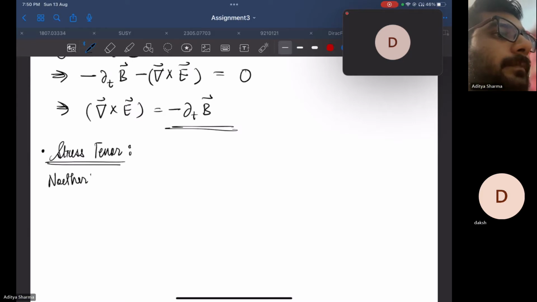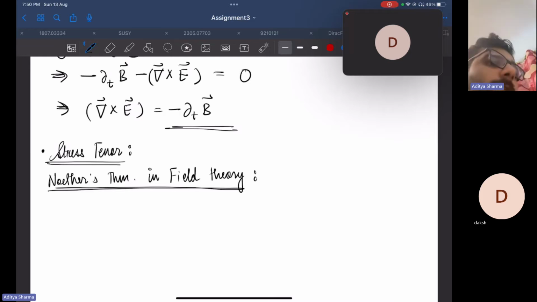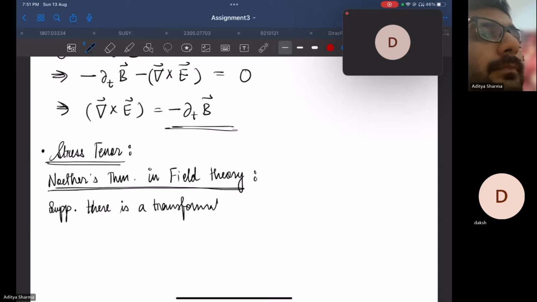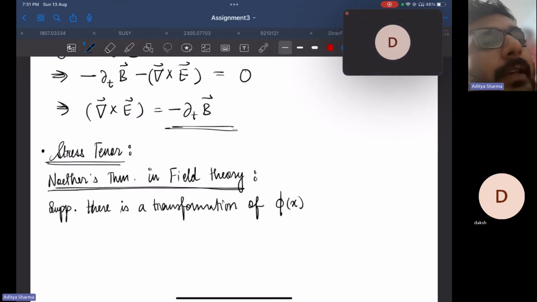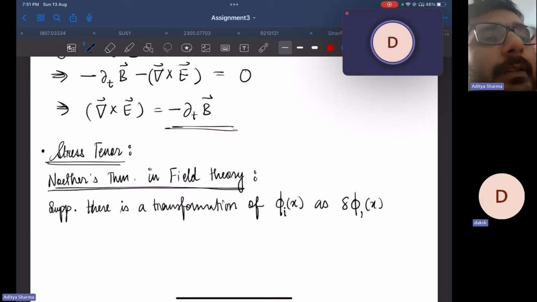Noether's theorem in field theory. Suppose there exists a transformation of the field, which I am referring to as phi, phi(x), to phi_i. The ith field changes like this.